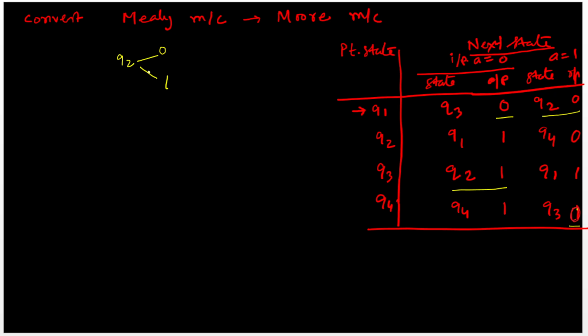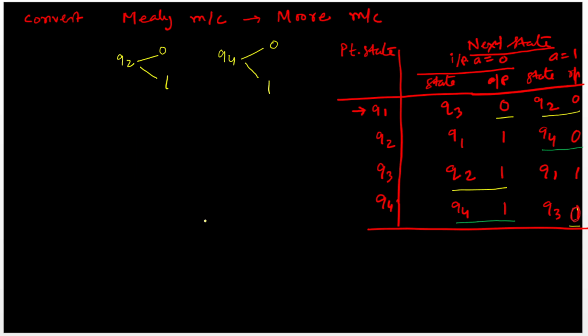Similarly, Q4 is also associated with more than one output. Look here, this is Q4. The associated output here is 1, and here the associated output is 0. So we can write that Q4's associated outputs are 0 and 1. And the remaining states, that is Q1 and Q3, have the same output.